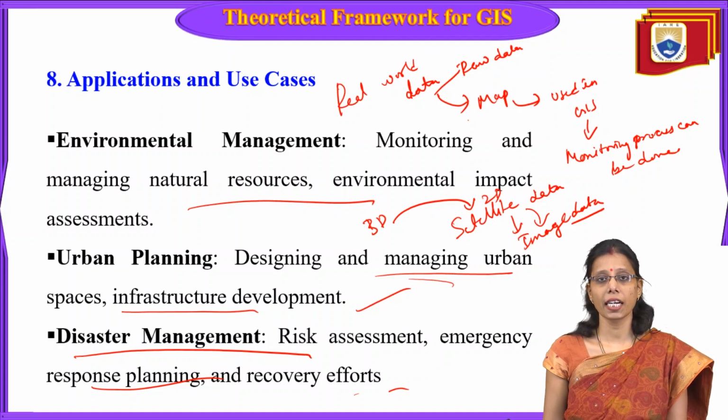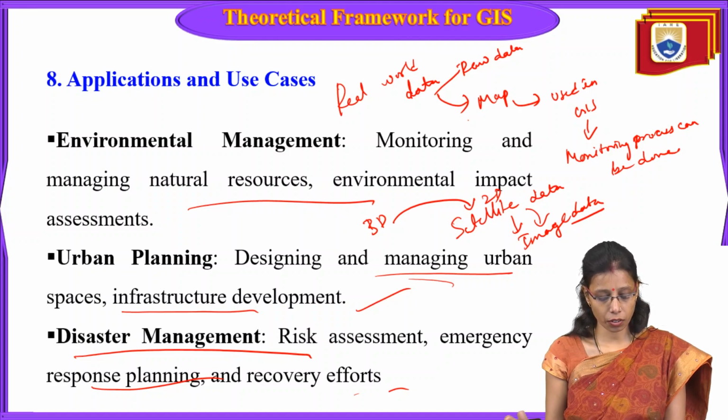Okay. So once the data is converted to image format, once the data is converted from 3D to a 2D map with the proper projection systems, later we can use that data for different kinds of applications, like disaster management, environmental management or urban planning systems. You can use this kind of information.